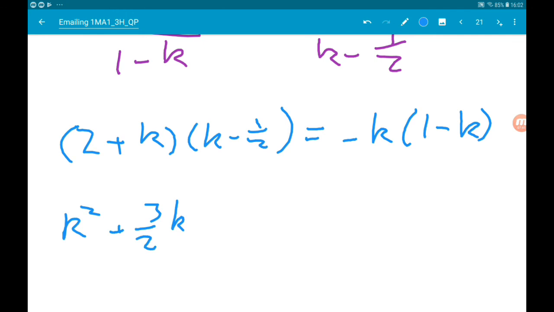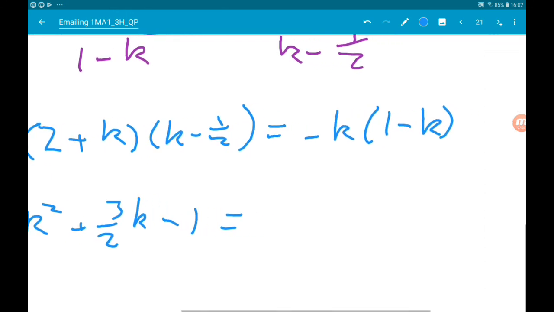And then we got 2 times minus a half, so that's minus 1. And on the right, we're going to get minus k times minus k, so that's positive k squared.